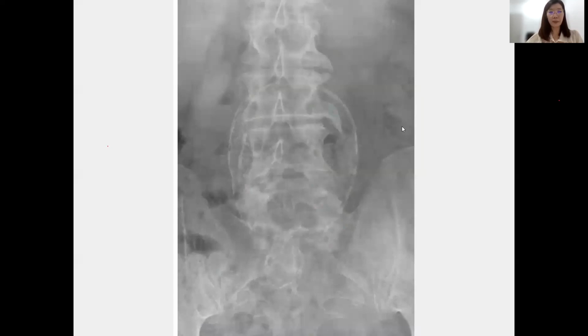Okay, what about this? This looks like calcification. Now we are in the topic of calcification. How to differentiate bladder stone from a fibroid? Bladder stone, just like the picture just now, will normally have a smooth border.